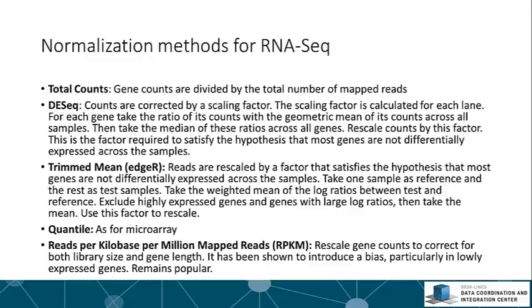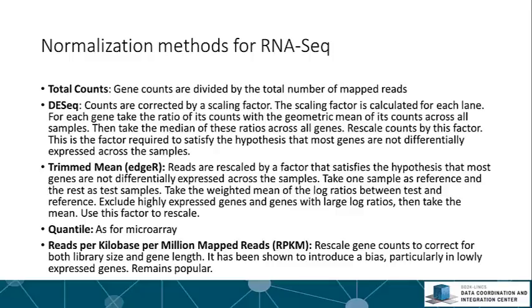The third normalization scheme is the one used in the edgeR program. It's called the trimmed mean. And this has a very similar idea to DESeq. We rescale the gene counts in such a way that most genes are apparently not differentially expressed.